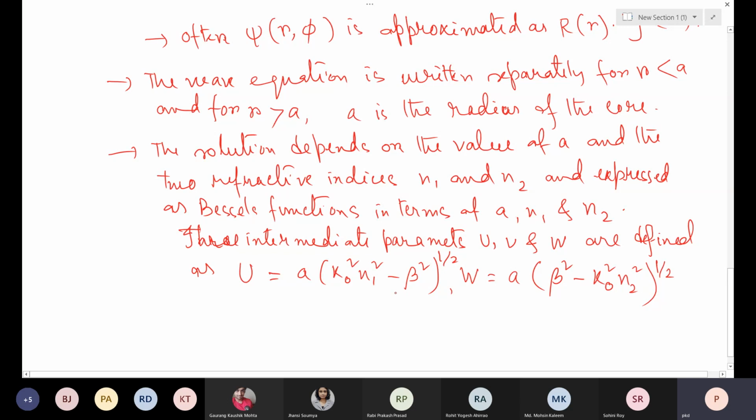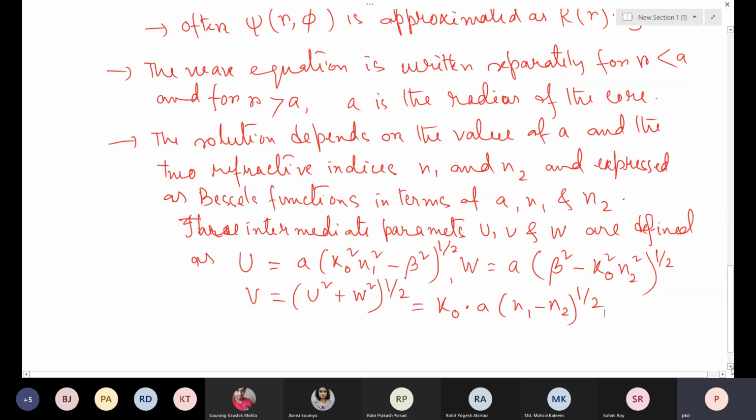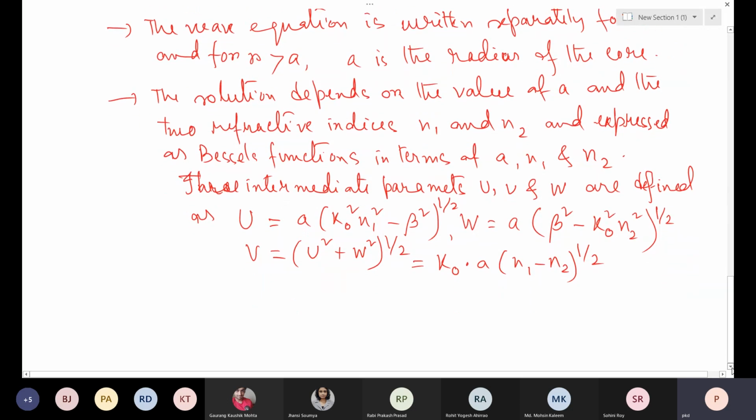And to sustain that, some conditions need to be satisfied, and those are defined in terms of U, V, W. Beta is the longitudinal propagation constant. And k0 is the wave vector.